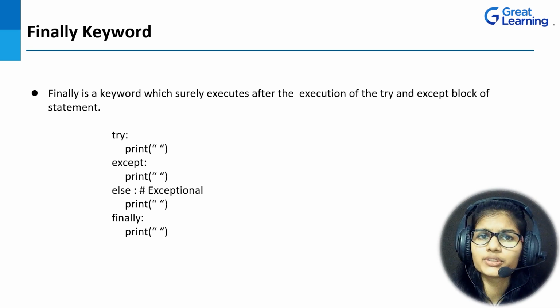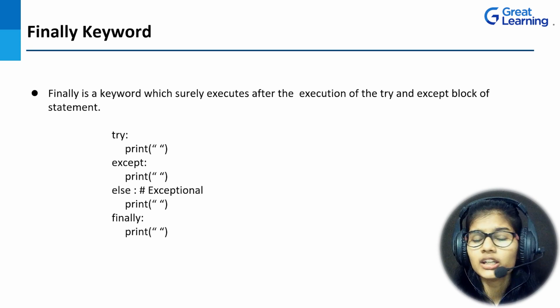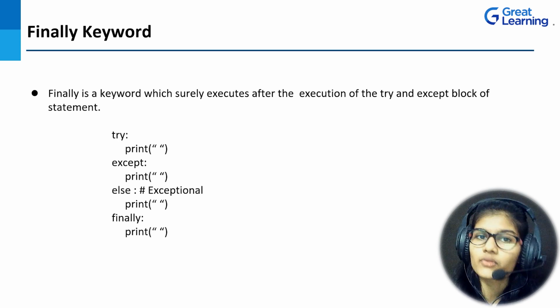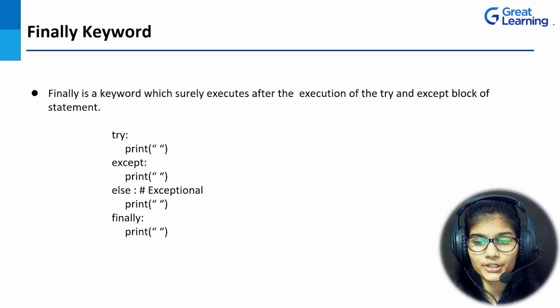No matter whether you're using it with the else clause or with try and except, whatever code you write inside the try and except, no matter whether try runs or except runs, the finally keyword will surely run, right?